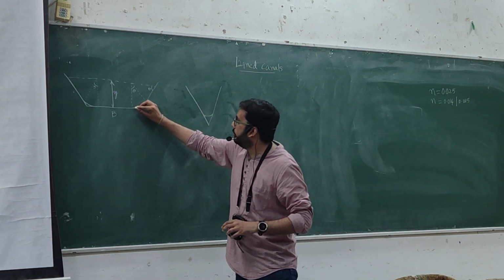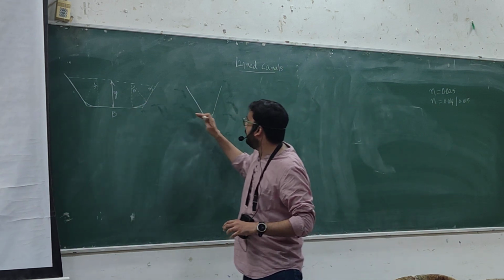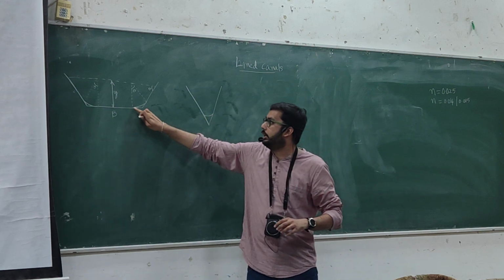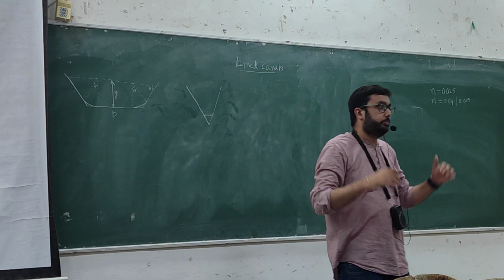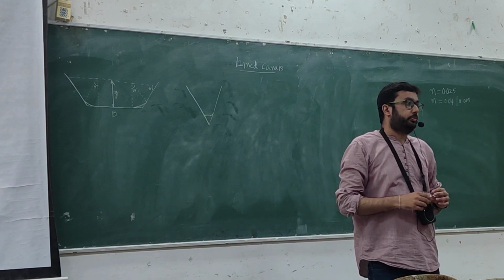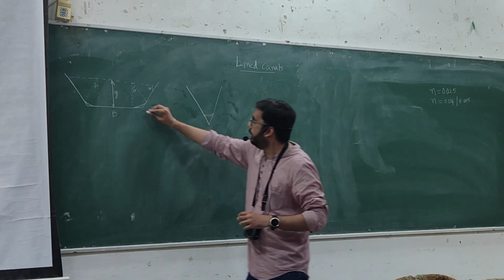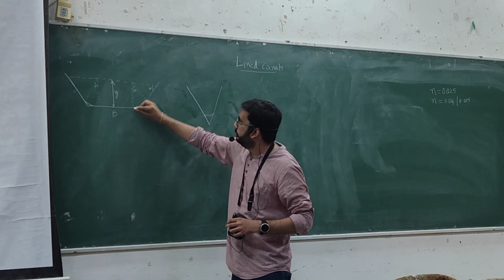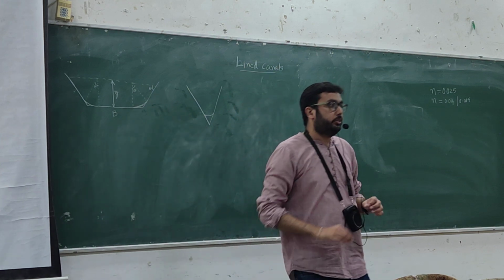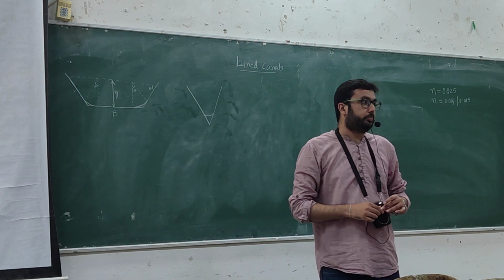Here, instead of having a sharp edge like this, we have a curved section, and we are also increasing the wetted perimeter. If we have a curved surface, we are increasing the wetted perimeter.